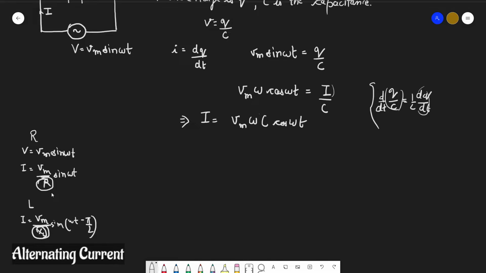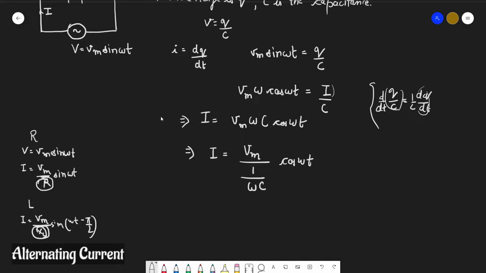Anyway, the one focus point is this. To make the analogous study of this capacitor circuit to that of R and L, I can write this omega C like this: Vm times 1 upon omega C, cos of omega t. These both are the same thing.